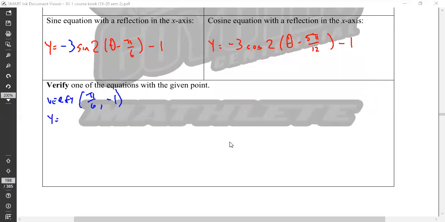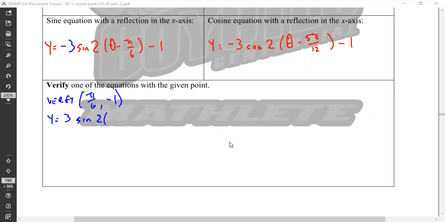Well, we could take any of these equations. Let's just take the first one. If we take y is equal to 3 sine of 2 pi over 6. Actually, let's leave it as our formula to start with.